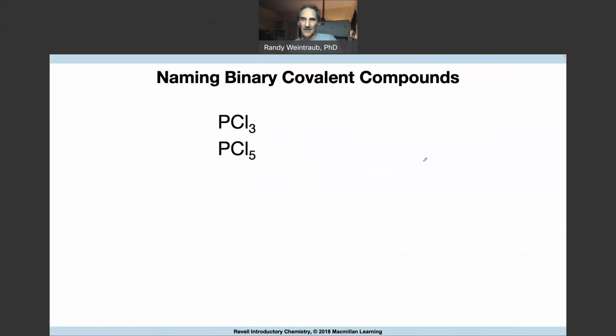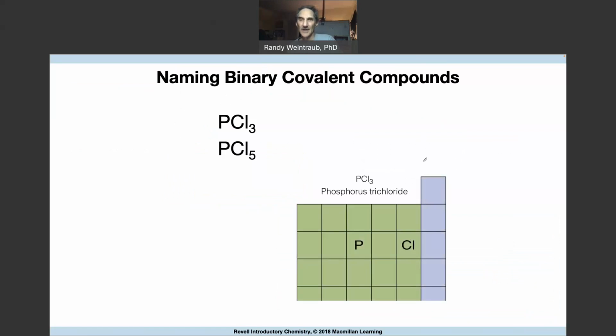Covalent compounds containing only 2 elements are called binary compounds. These compounds are named in a manner just like the ionic compounds, with a couple of differences. For example, let's name these 2 compounds.